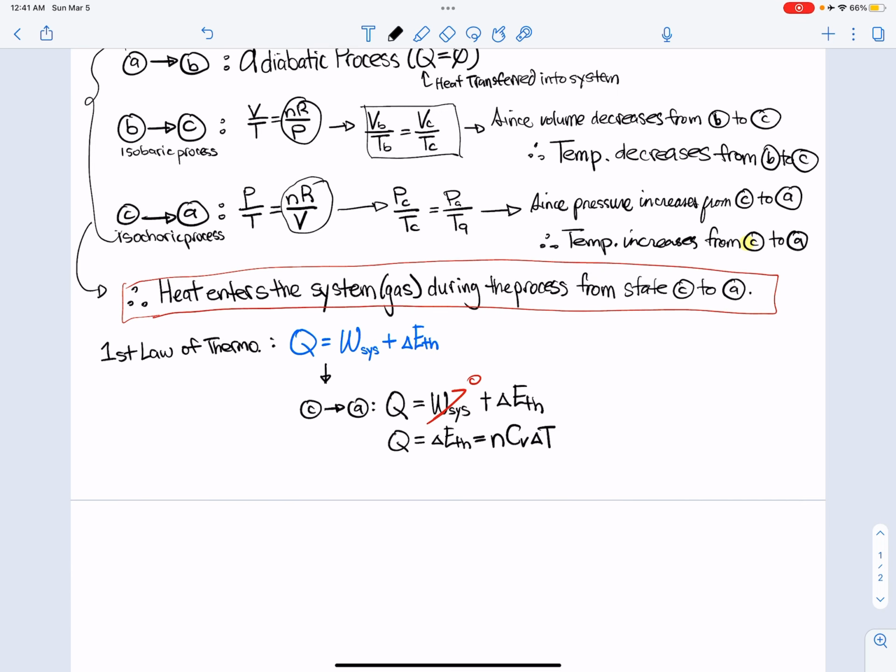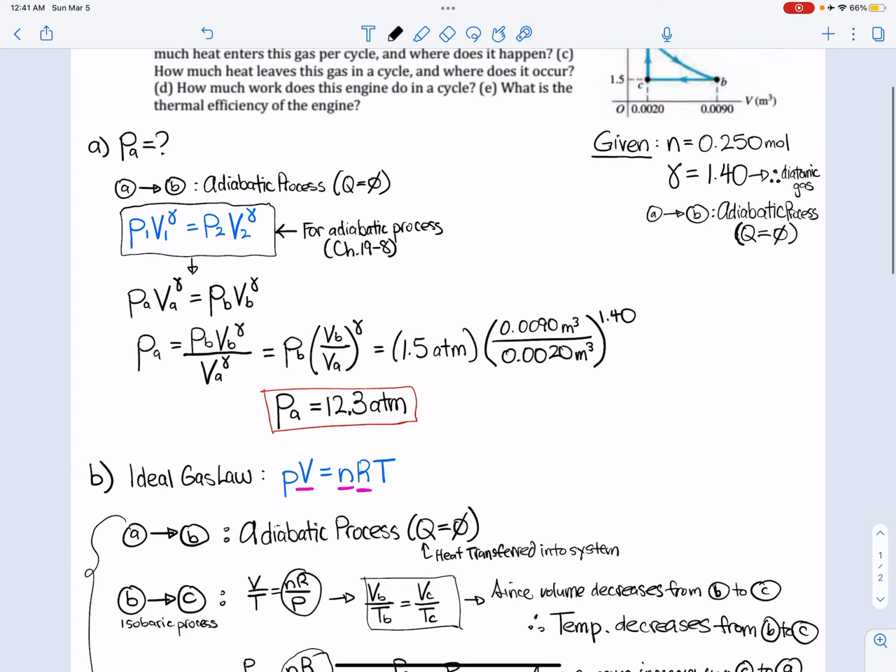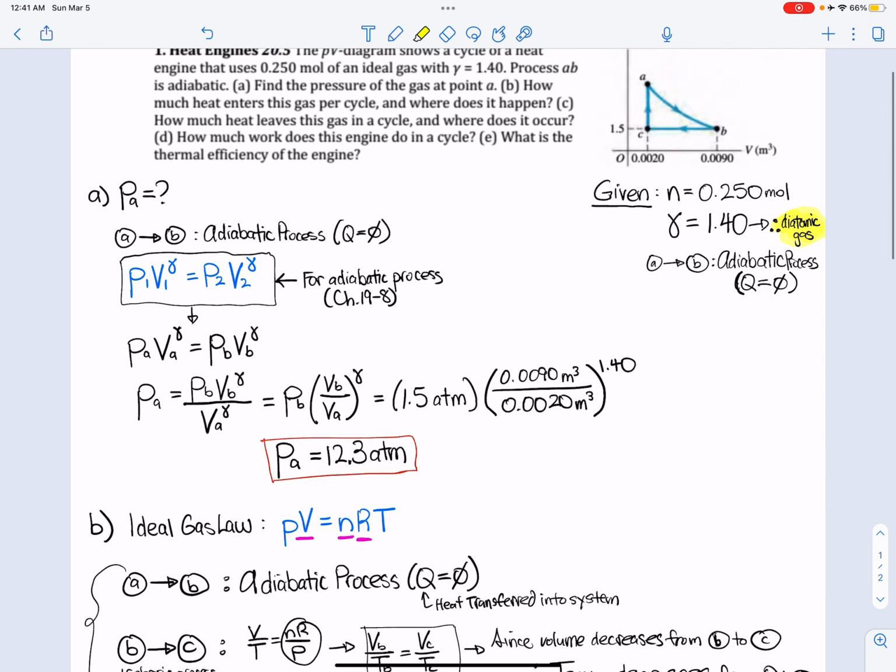What else do I know about the molar heat capacity for constant volume? Remember, we're dealing with a diatomic gas, and we know that because the value for gamma was 1.40. For the ratio of molar heat capacities for a diatomic gas, that value is 1.40, and that's something you should know so that you could come to the conclusion that, oh yeah, that's a diatomic gas.